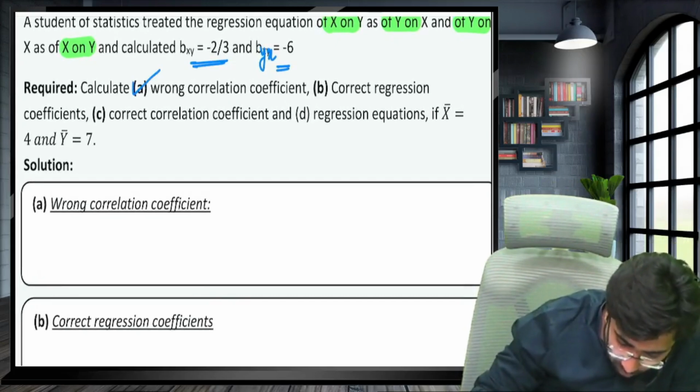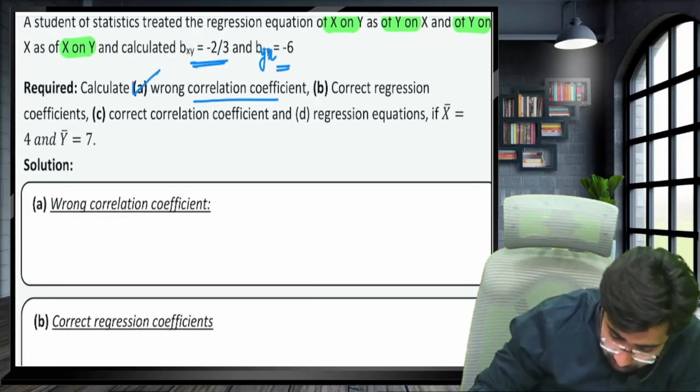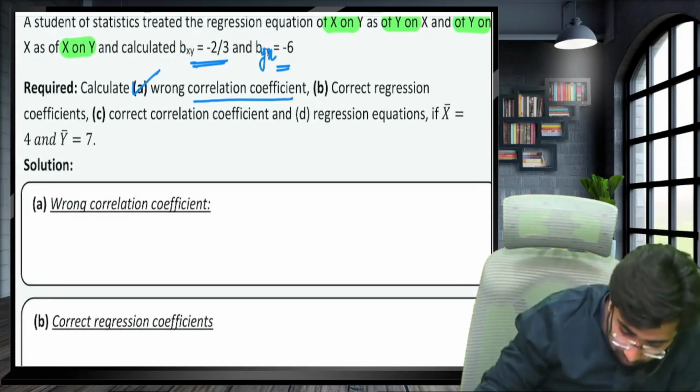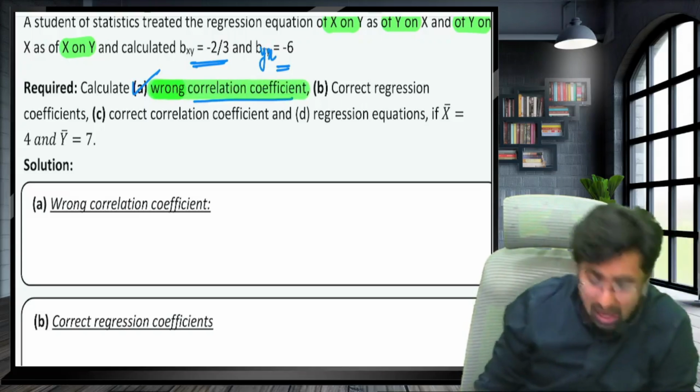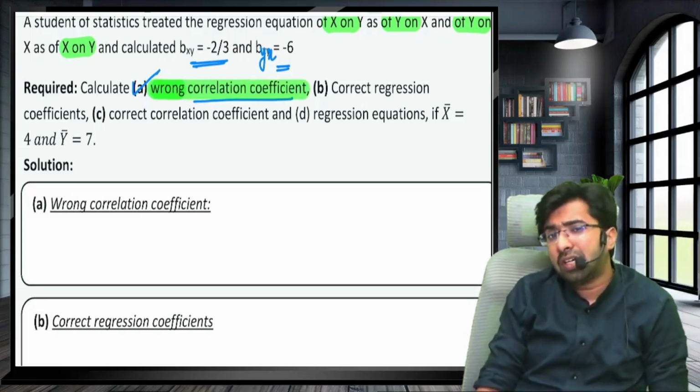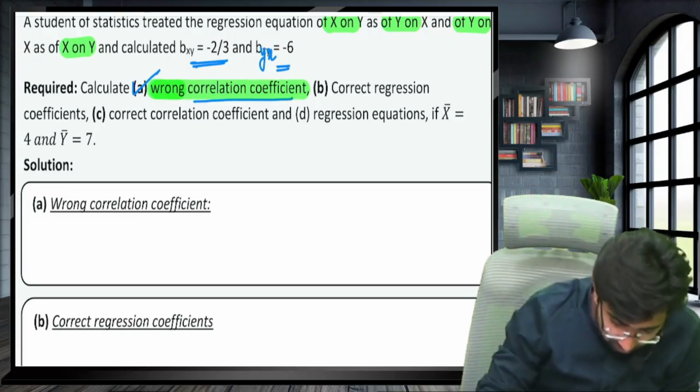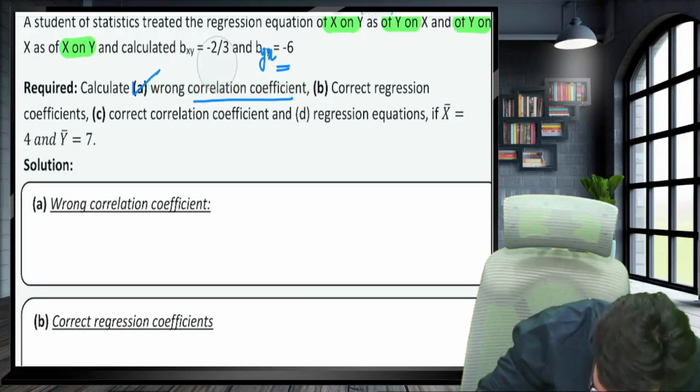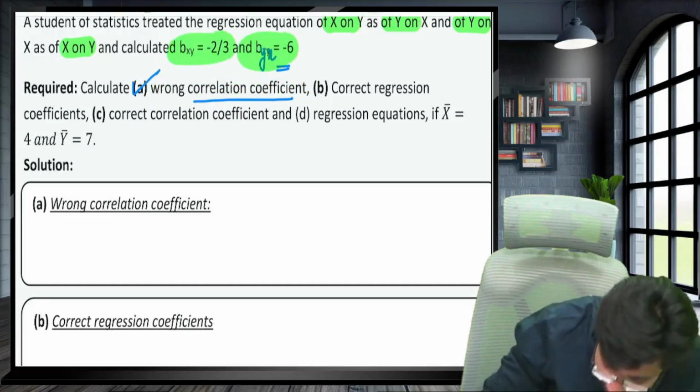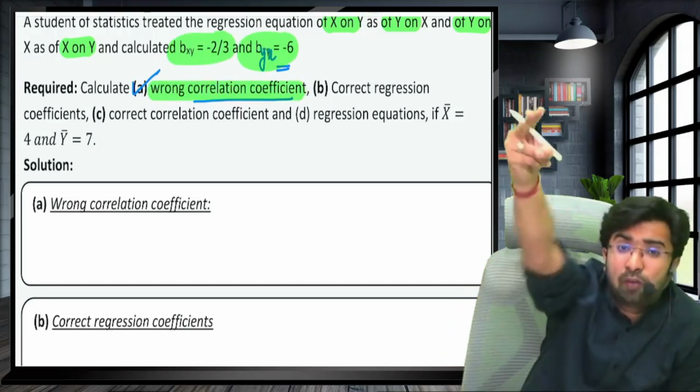Calculate the wrong correlation coefficient. Guys, compute the wrong one, I am not asking for the right one. How will you get the wrong correlation coefficient? No, sir, this is not correlation, this is regression. Guys, don't get confused. This is the regression coefficient. I am asking for the wrong correlation coefficient.